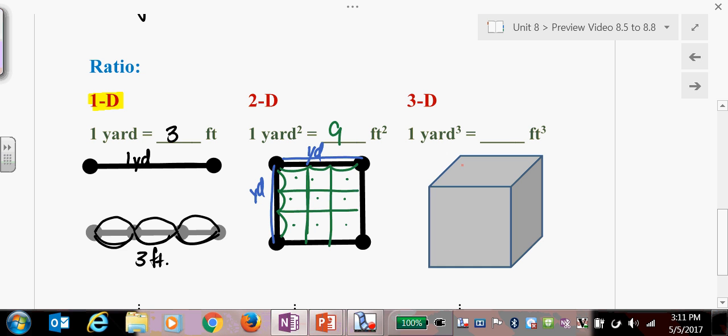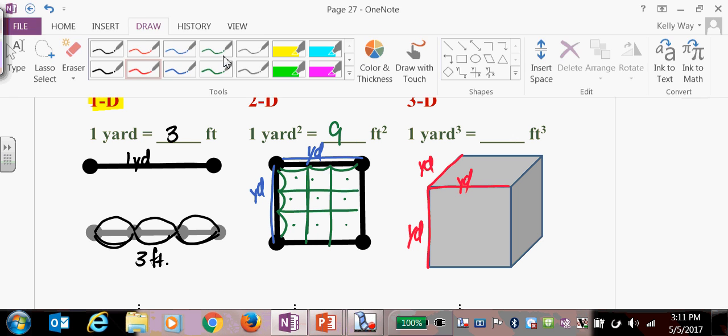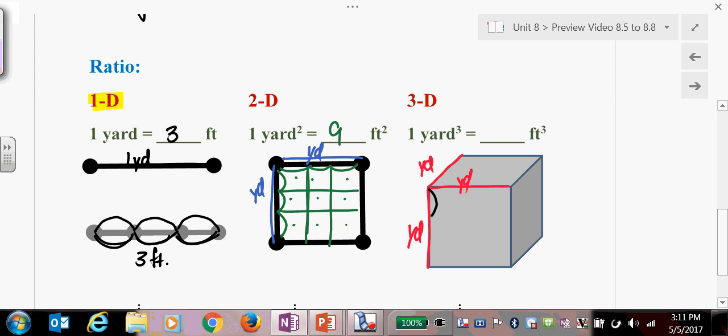If we were to cube a yard, in other words, we'd be 1 yard by 1 yard, and then our depth of 1 yard, that would be 3 feet this way, 3 feet this way. Now imagine those are cubes, and then if we were to go backwards, you would see what happens there.